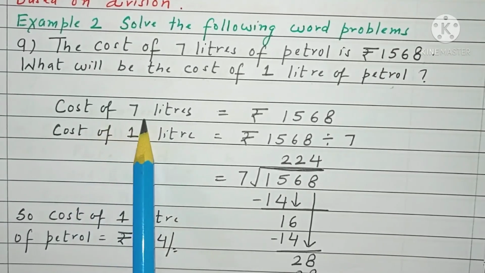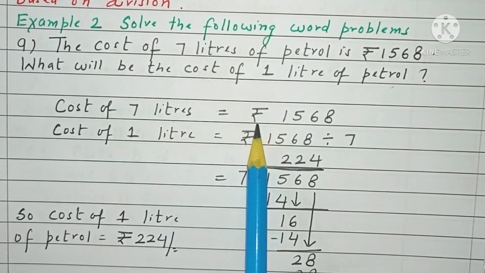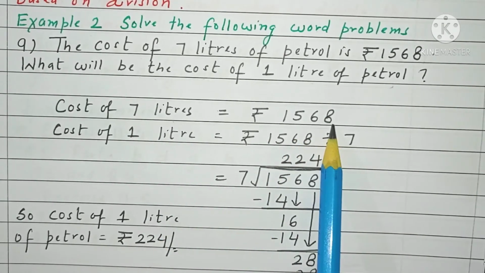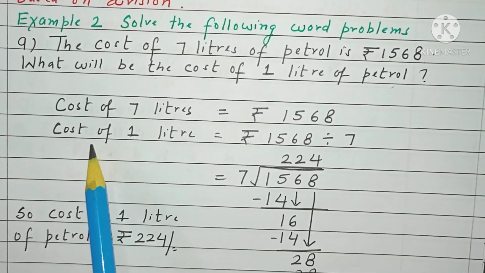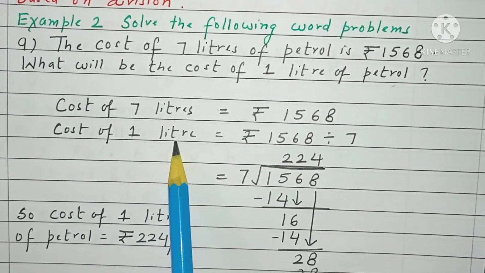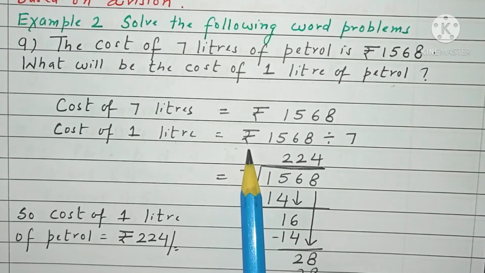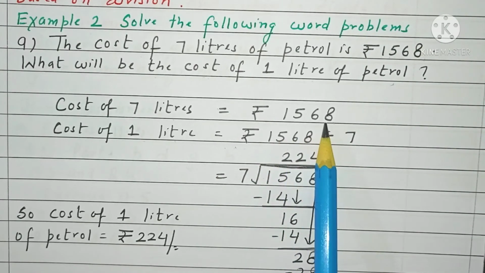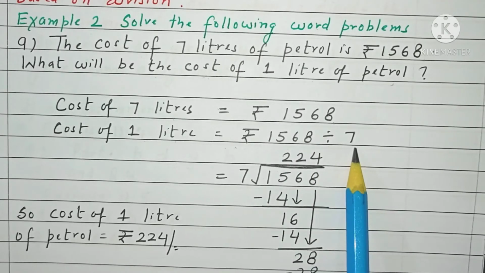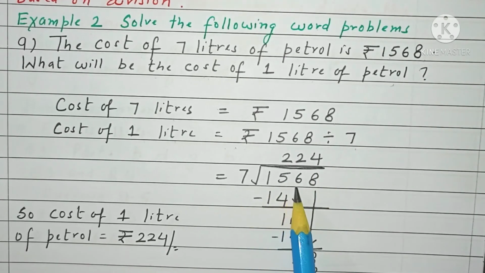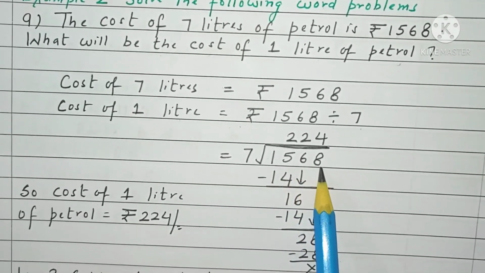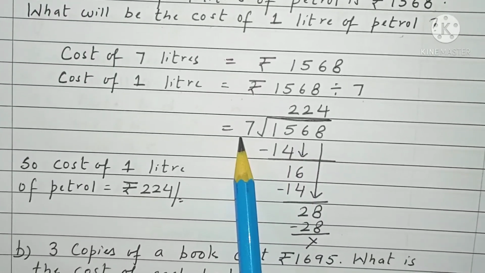Cost of 7 liters of petrol is rupees 1568, and we need to calculate the cost of 1 liter. So what we'll be doing? We'll be dividing the cost, that is 1568 by 7. So making the division sum, 1568 is the dividend here and 7 is the divisor.